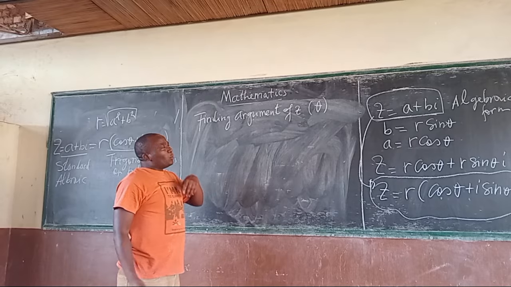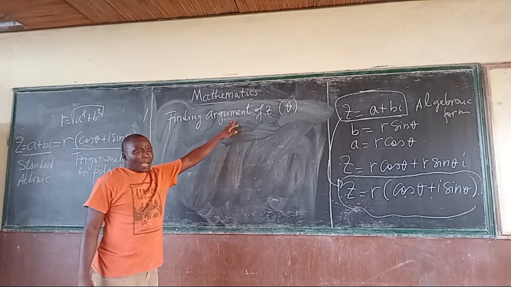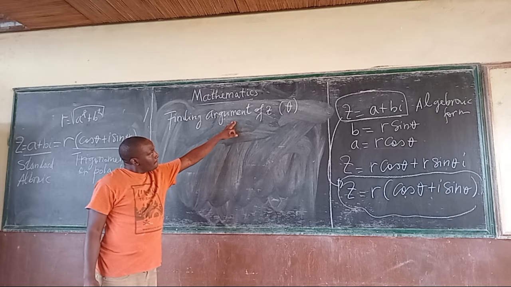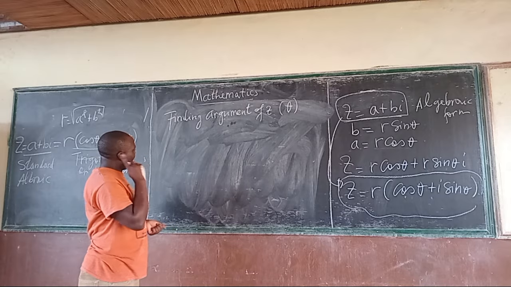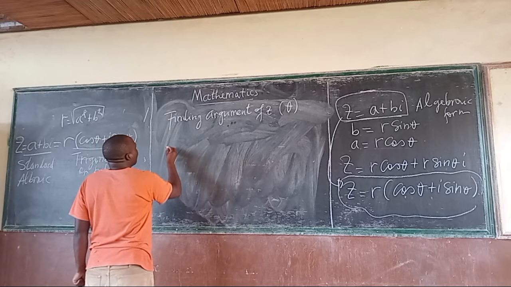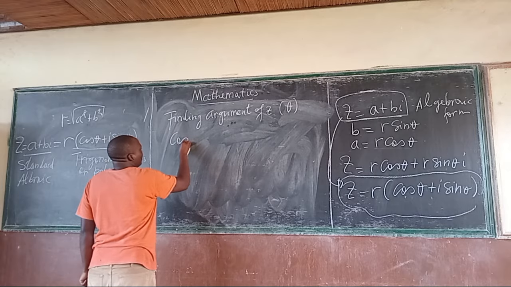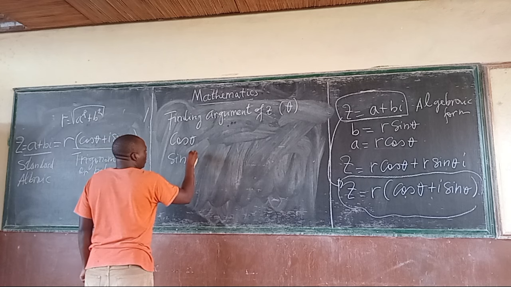Teachers, a good way of finding this angle theta is this one. First, you are able to find the cosine of the angle theta and the sine of that angle theta.